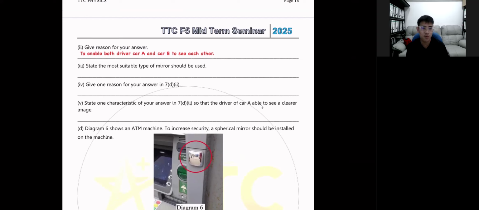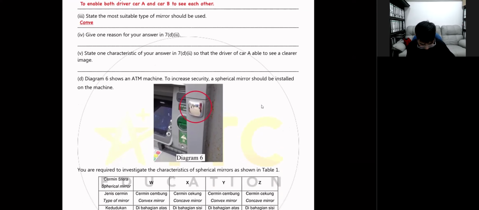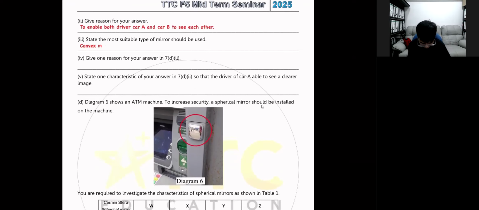Okay, so again, question asked, what type of mirror should we use? Just now we mentioned many times already. It's supposed to be convex mirror. It's all repeated questions now. Convex mirror. And give one reason for your answer. So why should you use a convex mirror? Same reason as the advantage just now.